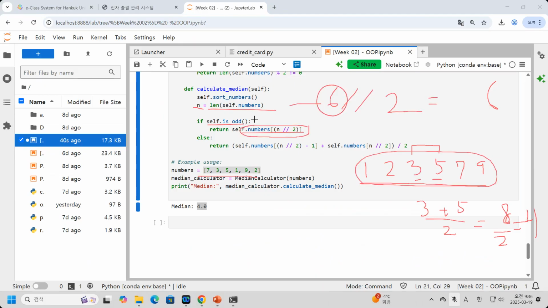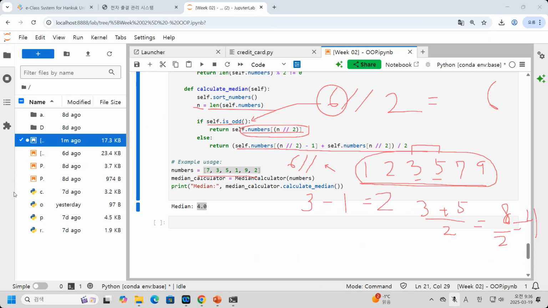Because 6 is even, we will go to this one: 6 slash slash 2 is 3, minus 1, which means it is 2.